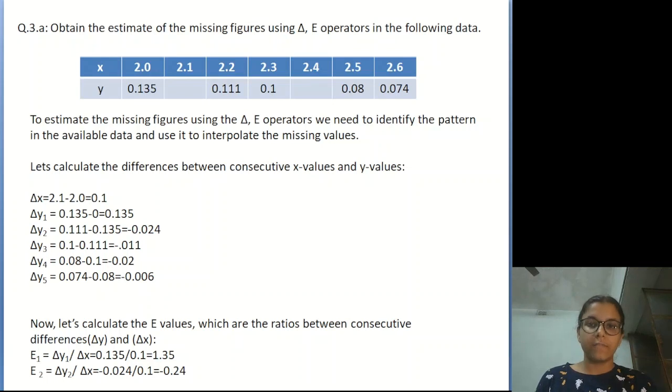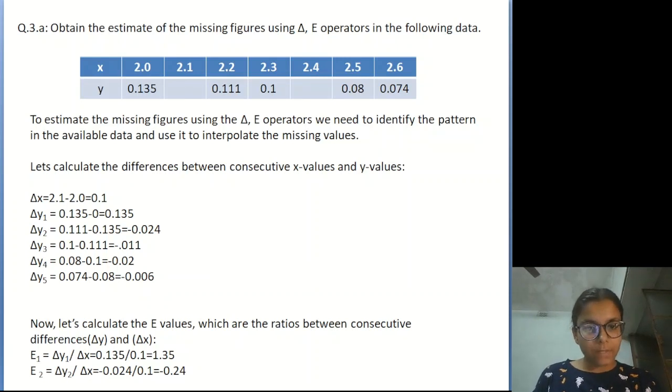Here you can see when we calculate the value of the shift operator, we need the y difference, I mean the forward difference operator value. That is the difference value that we have taken of y, which would be divided by the difference value of consecutive x values. And so after dividing both the values we would get the answer for E.